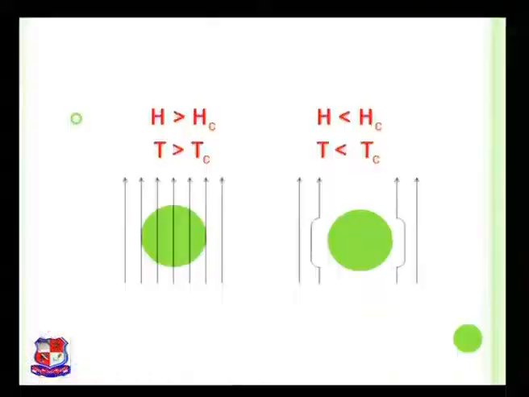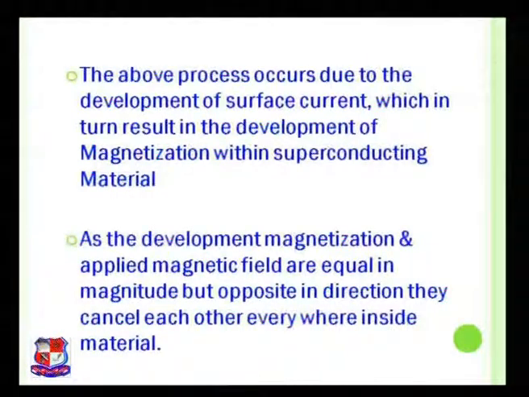It can be represented in words, which we will observe in our slide. Let us read it according to the definition. The above process occurs due to development of surface current, which in turn results in the development of magnetization within the superconducting material. That means when you apply a magnetic field on a superconducting material, there will be a development of surface current, which results in magnetization.